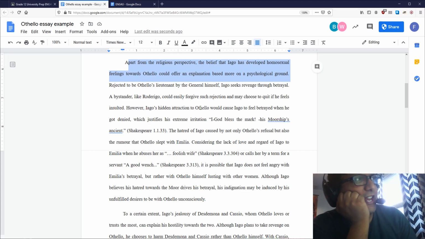However, Iago's hidden attraction to Othello would cause Iago to feel betrayed when he got denied, which justifies his extreme irritation. This would really say when he says, God bless the mark, his worship's ancient, and then she has the citation there. The hatred of Iago caused by not only Othello's refusal, but also the rumor that Othello slept with Emilia.